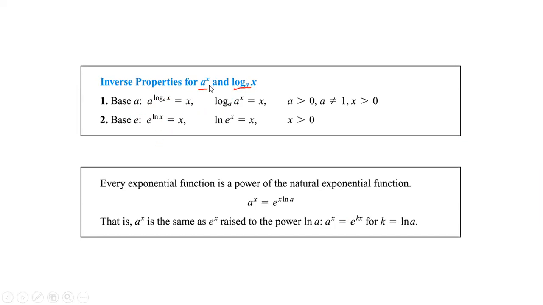This is very important, so I want you to closely watch. Okay, one more time. A to the log a of x equals x. Why? Because anytime you have a log like this, the x will be the survivor, and this will be equal to 1. So that will be equal to x.